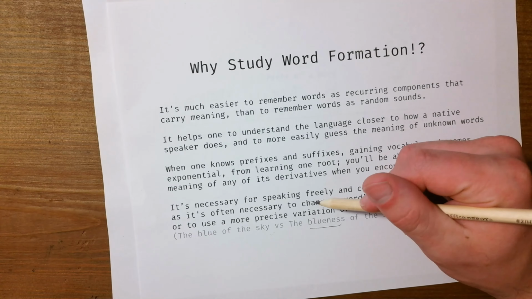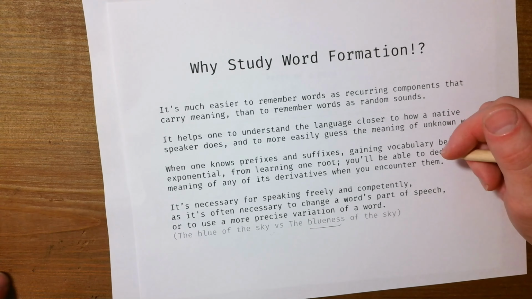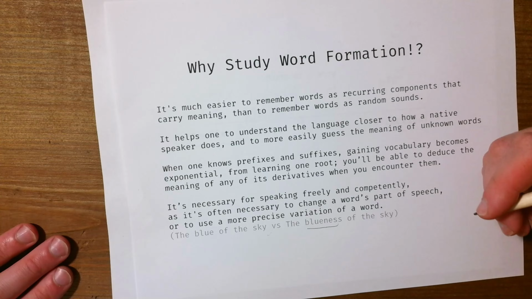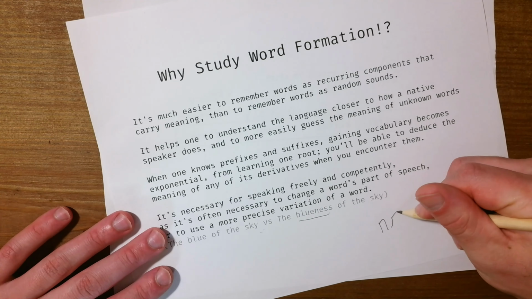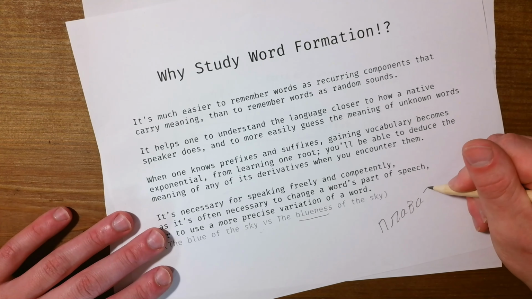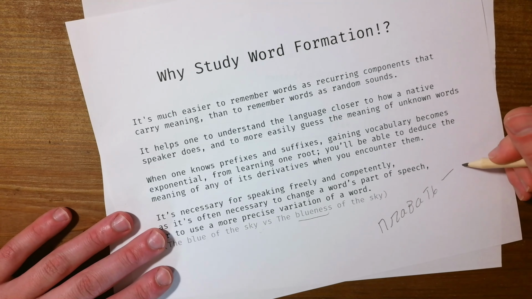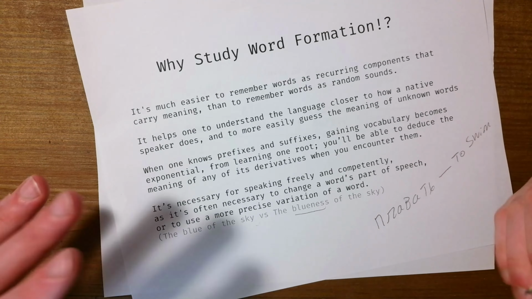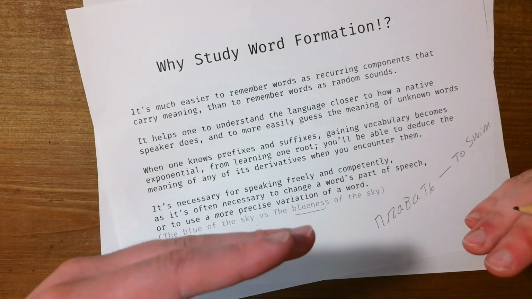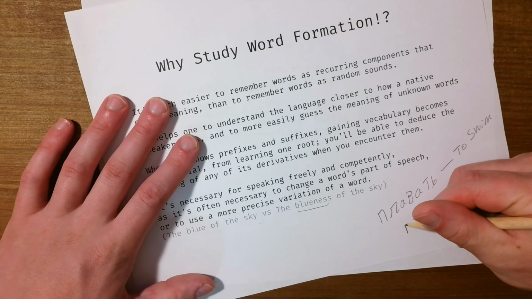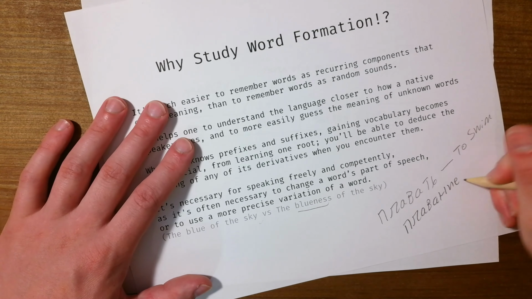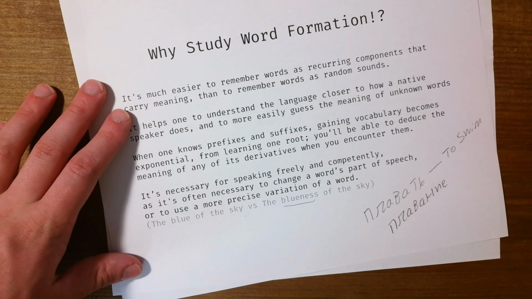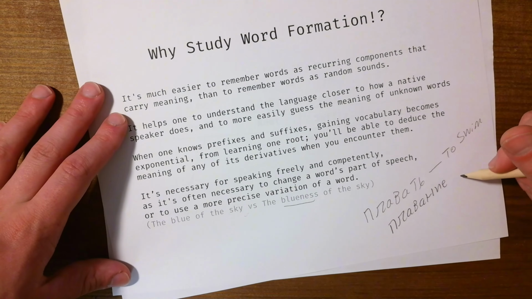As for changing a word's part of speech, for example, плавать, to swim. But if you want to talk about the idea of swimming as a noun, you would have to say плавание, плавание, which is a noun.